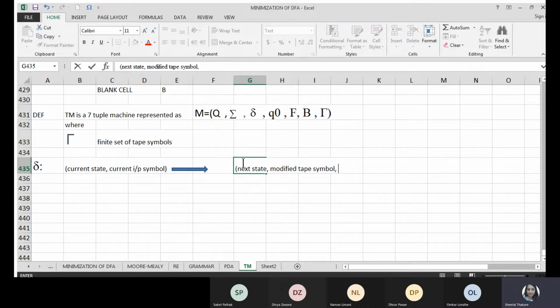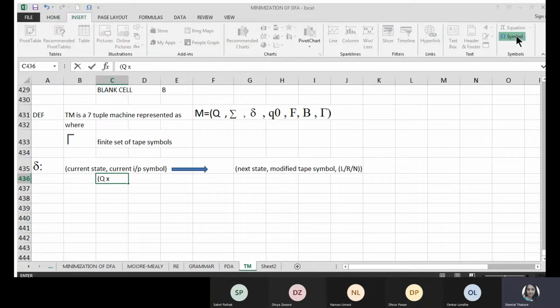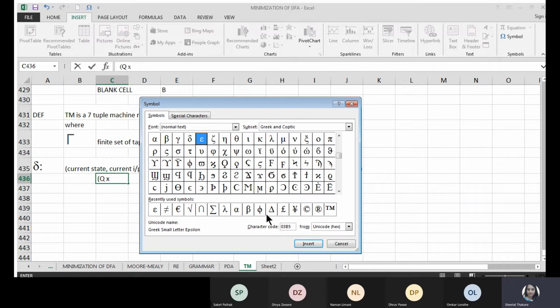Simply you can say tape symbol and any of the action, either move to left or to right or do nothing. And that's why current state is represented by Q. Current symbol is represented by, let me insert summation symbol. If it's there, what I need to copy, sigma.